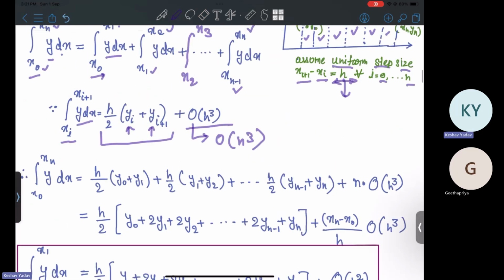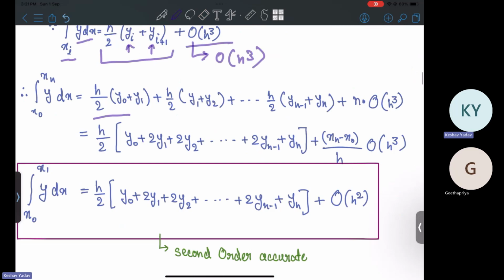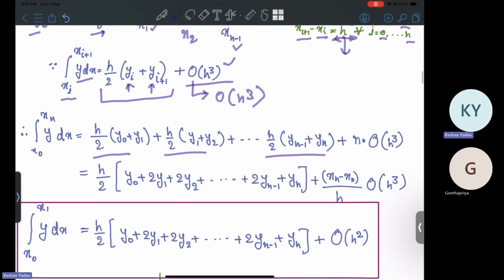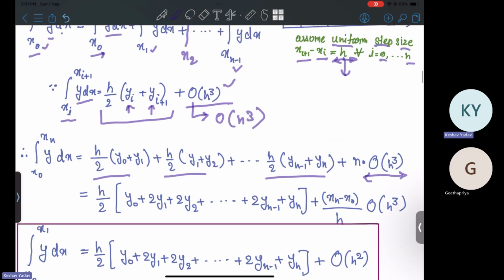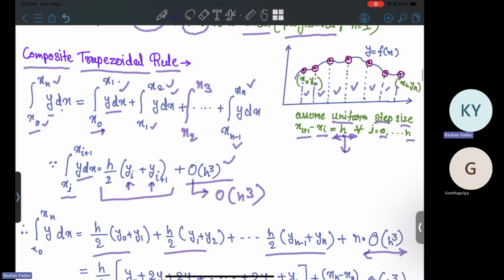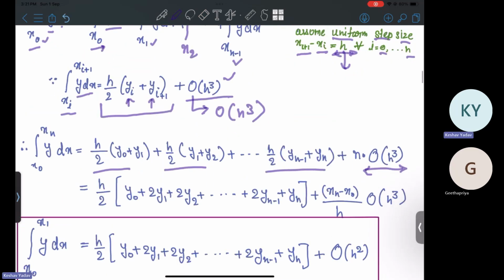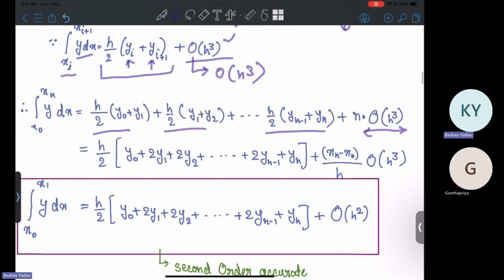Similarly, I put the values here. This is the first integral value, this is the second integral value, dot dot, this is the nth integral value. Plus we get the order of h cube term n times, since we have performed this integral n times. Now n can be represented as the number of intervals, the total difference divided by the step size.